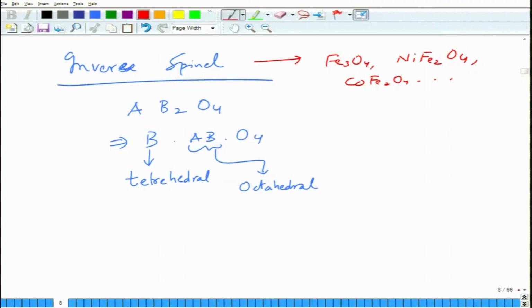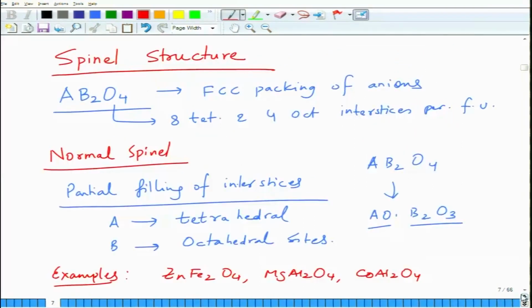So, you can see that you can write this Fe3O4 as FeO dot Fe2O3, NiFe2O4 can be written as NiO dot Fe2O3, and so on and so forth. Similarly, here you can write this as MgO dot Al2O3, CoO dot Al2O3, and so on and so forth. So, we will stop here and then we will get back to the structure of a spinel in the next lecture.